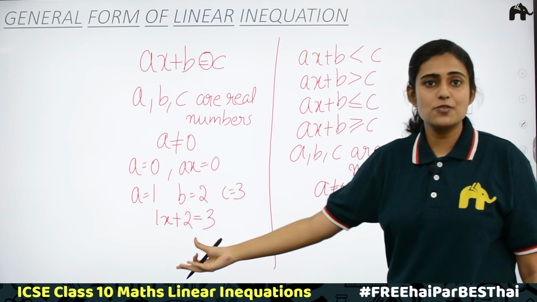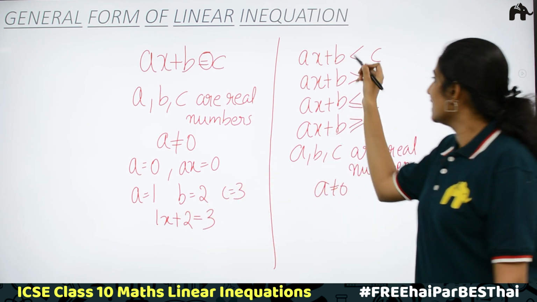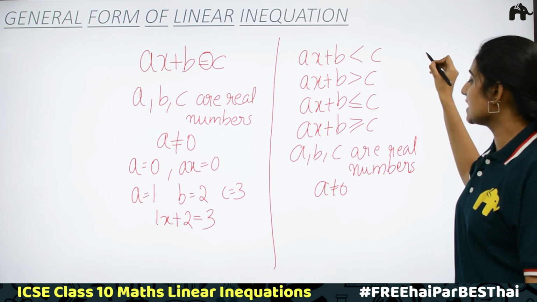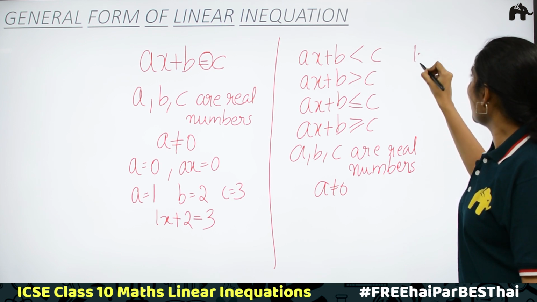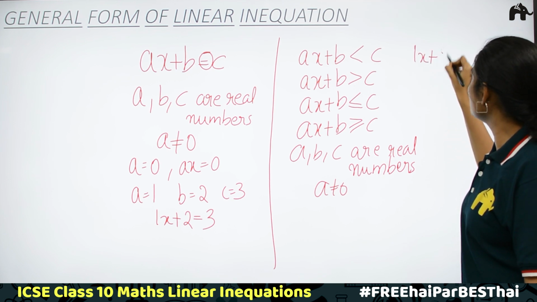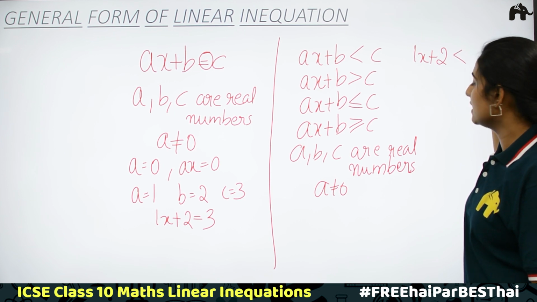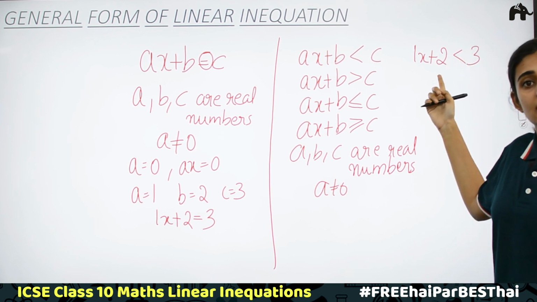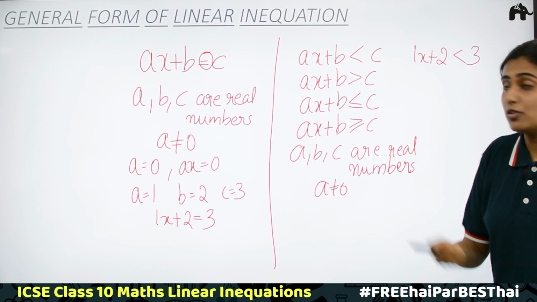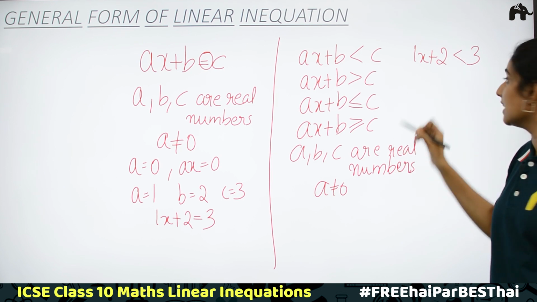Let's put some values for a, b and c. The first equation we can write as 1x + 2 < 3. This is a linear inequation where we have used the inequality less than.